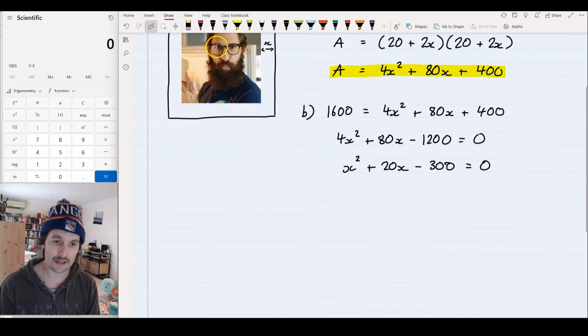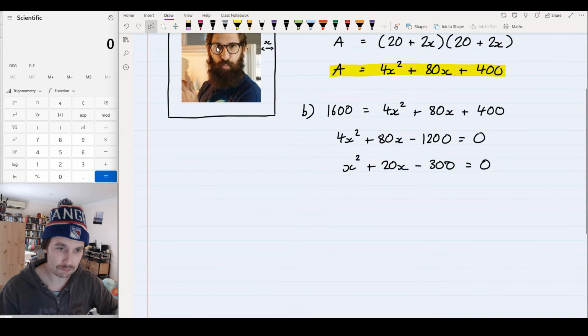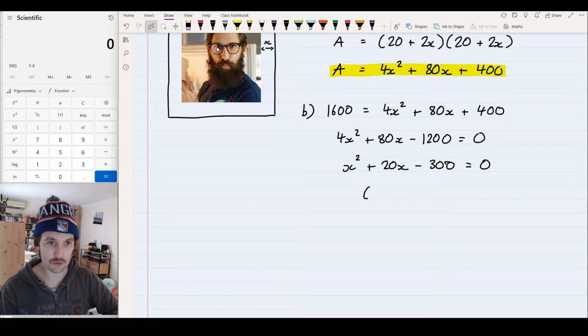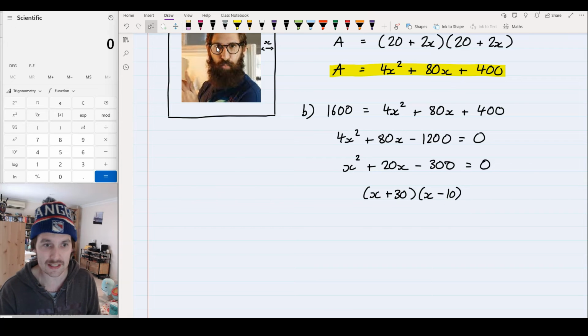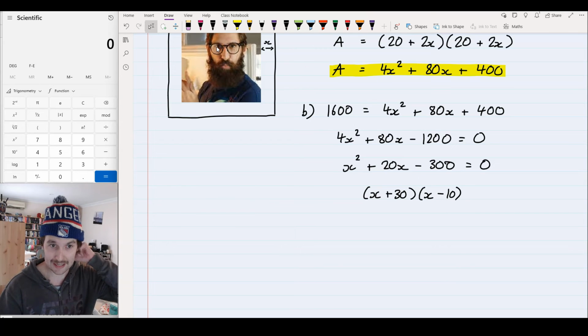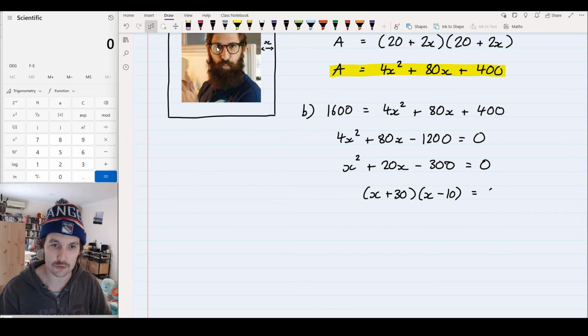Now I need to factorize this. So two numbers that will multiply to give me negative 300 and add to give me 20. We can have positive 30 and negative 10 for this one, because 30 take 10 is 20, and 30 multiplied by negative 10 is negative 300. Beautiful. Now I can do a little bit of solving there.